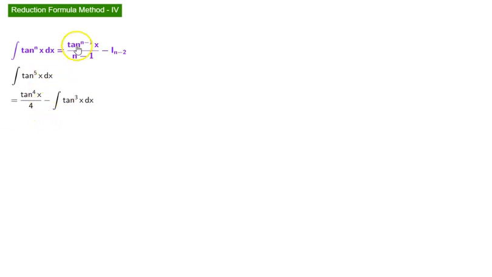This would be equal to tan to the power of 4x by 4 minus the integral tan cube x dx, which will be equal to, again we apply the reduction formula here. We get minus tan square x by 2 minus the integral of tan to the power of 3 minus 2, that is 1x dx. So we have reached 1.